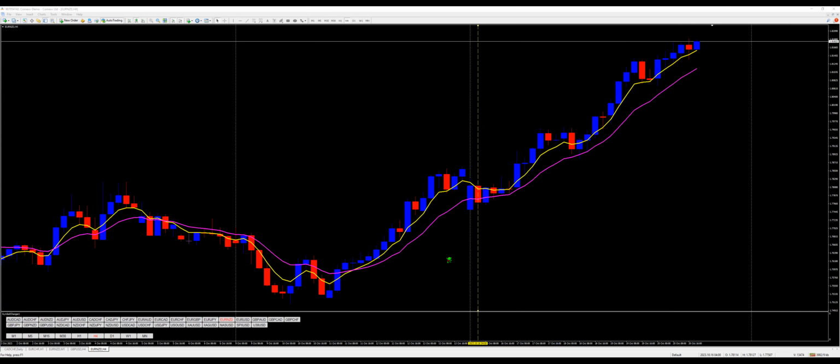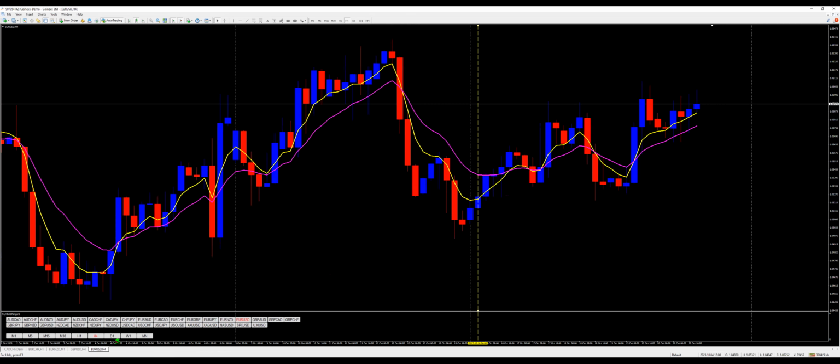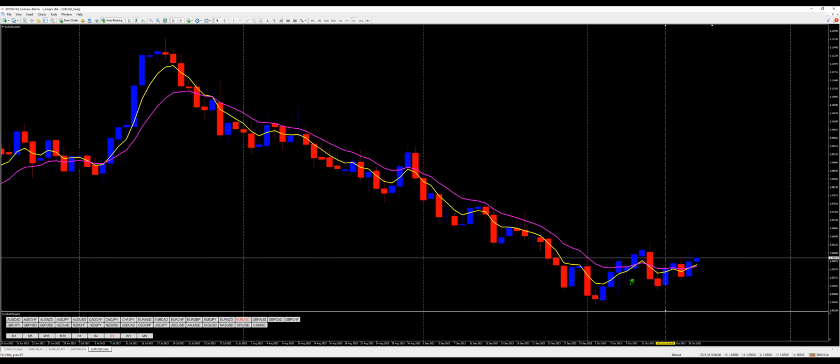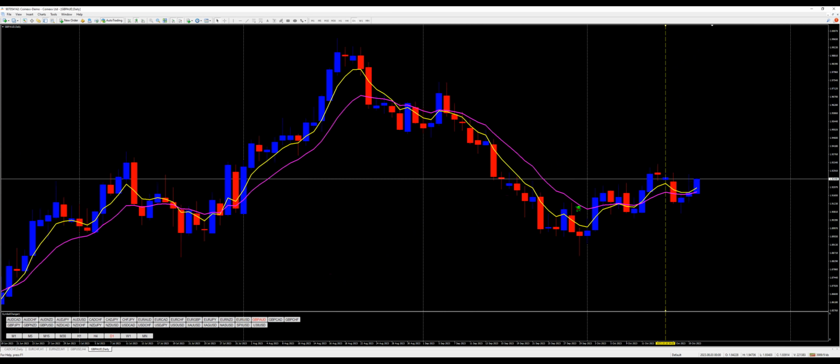Okay. Let's look at Euro dollar. The daily is flat, so there's nothing there. Okay, and Pound Aussie. Pound Aussie is a buy.